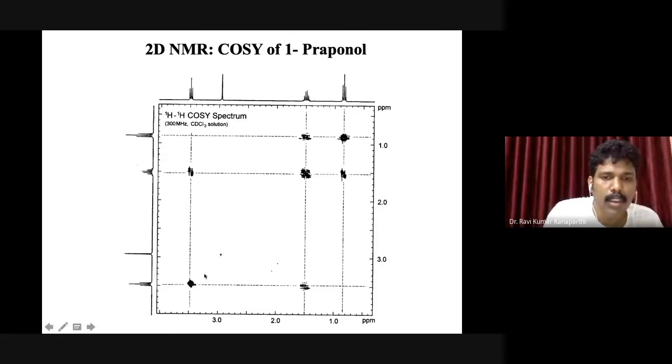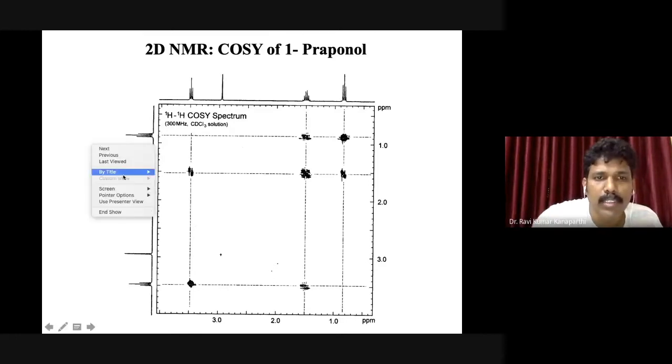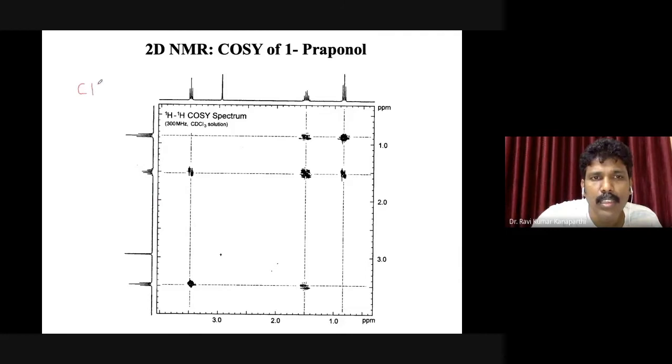Now you can easily say what this is. Since it is a propanol, you have the molecular structure of this kind: CH3, CH2, and then CH2, and then OH.